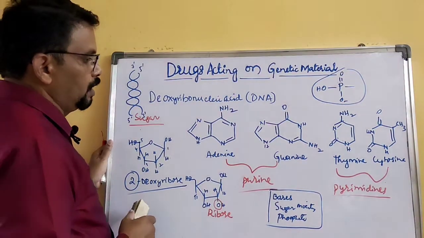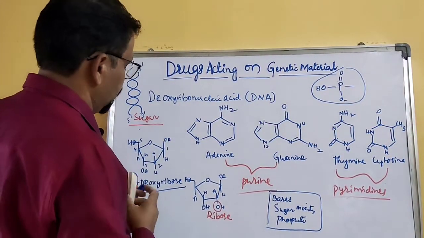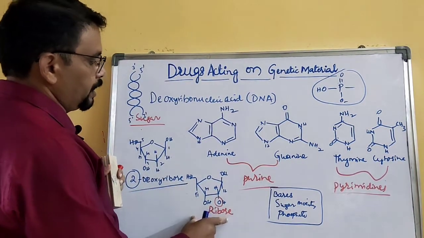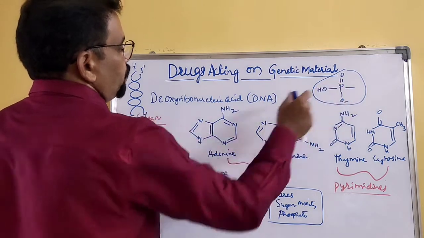So these are the details about the DNA chemical structure: the deoxyribose and ribose, these bases, and this phosphate group.